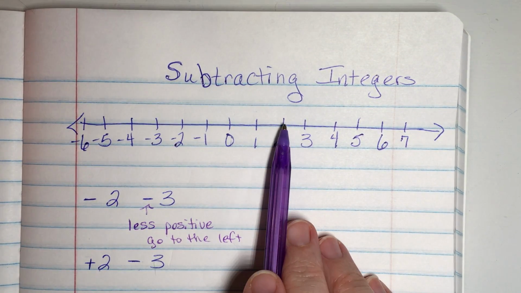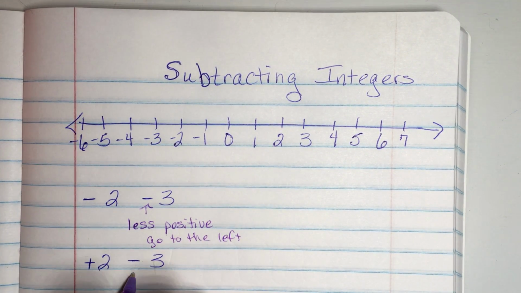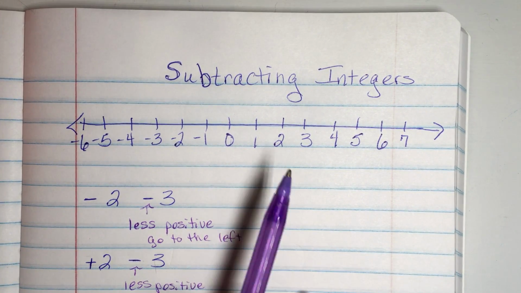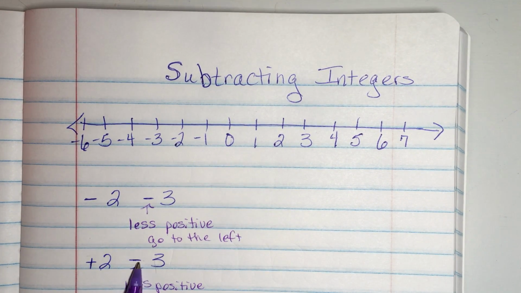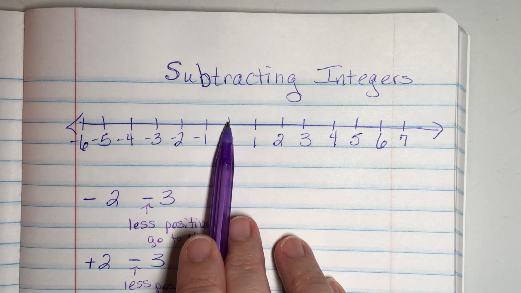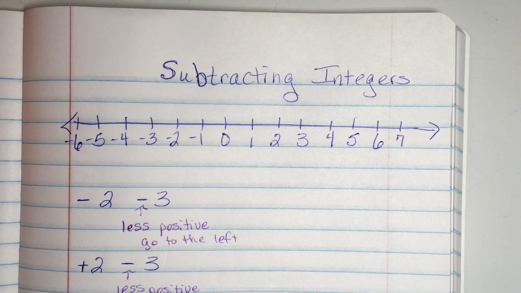So if I had started at +2 instead of -2, and I want to get, again, what do we say? Less positive, that means I'm going to go to the left. So if I go to 2, then I want to get less positive by 3, then I'm going to go back 3. 1, 2, 3. I'm going to end up at -1.